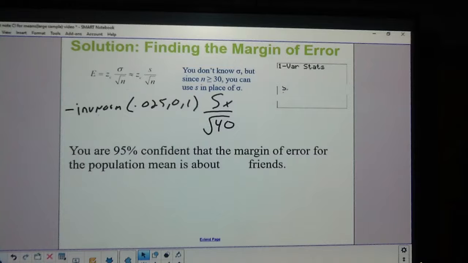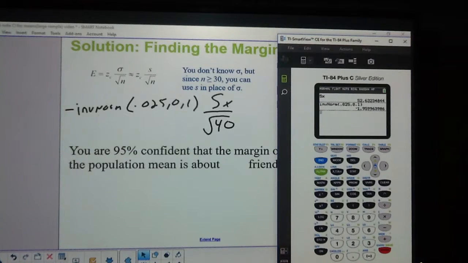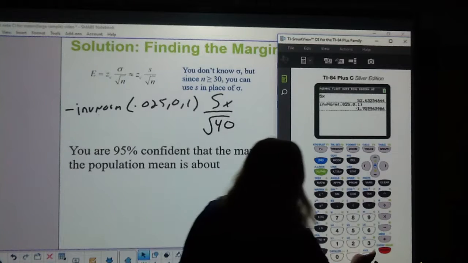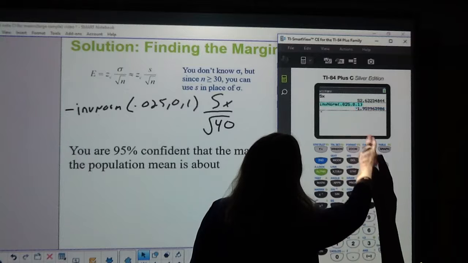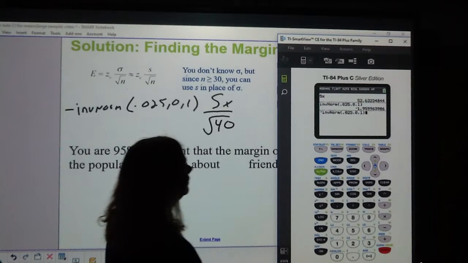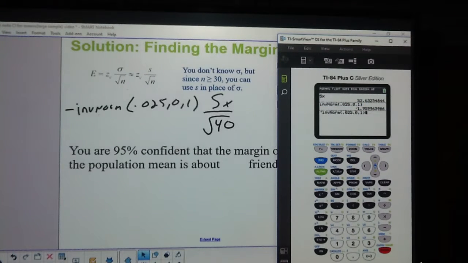So let's put that in my calculator. Well, there's my inverse norm, the negative of it, but so I'm just going to do negative, arrow up, and grab this. I'm going to grab that whole calculation. So if you did negative inverse norm, typed it in your calculator, the 0.025, 0, and 1.